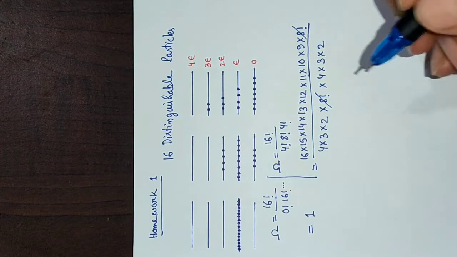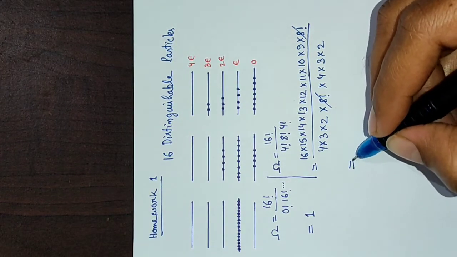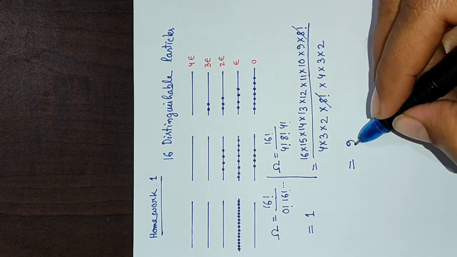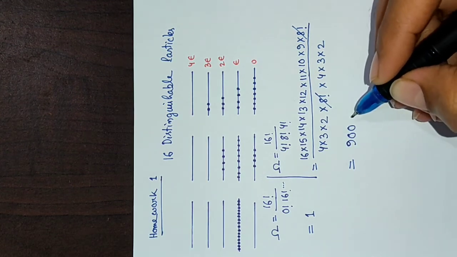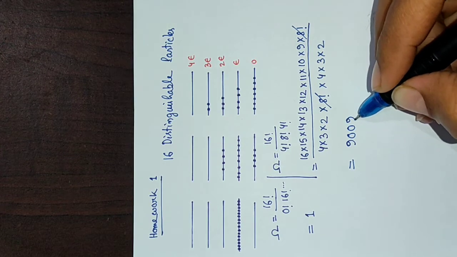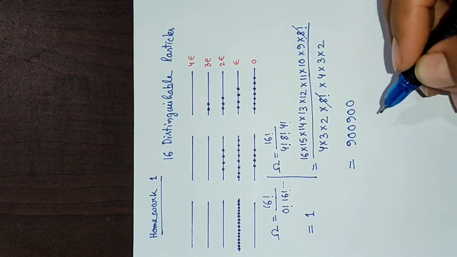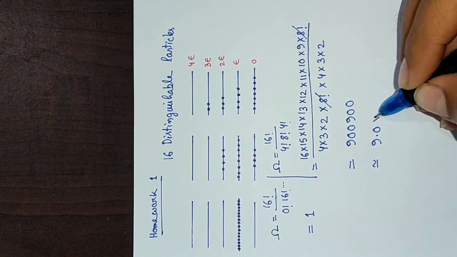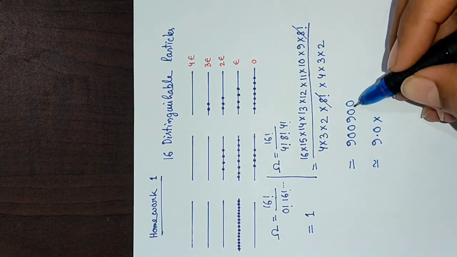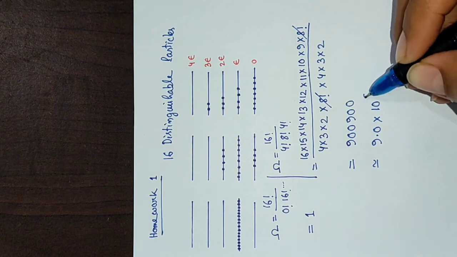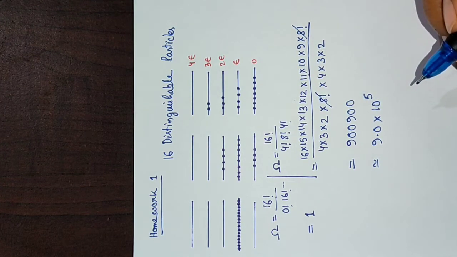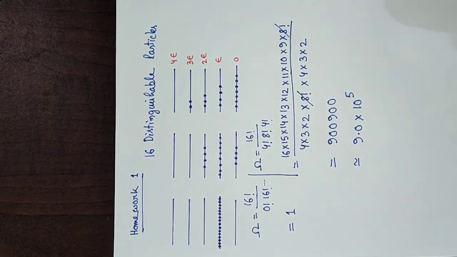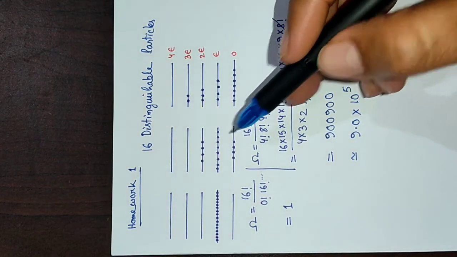Now if we perform the calculation, we will have 900, so it will be almost equal to 9.0 into 10 to the power 5. So nearly 9 lakh microstates will be available for this macrostate.